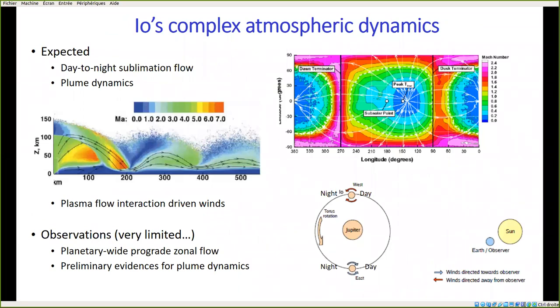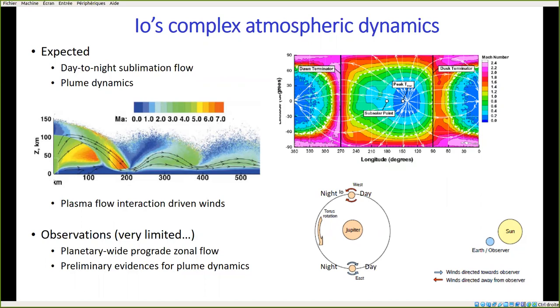There are very detailed predictions of what the dynamical regime of Io's atmosphere could be, but very little observation. So we have essentially three possible dynamical regimes for Io's atmosphere. The sublimation models predict essentially a sublimation flow from the day side to the night side and from low latitudes to high latitudes, with divergence of the flow at the hottest point on the day side and convergence at midnight.